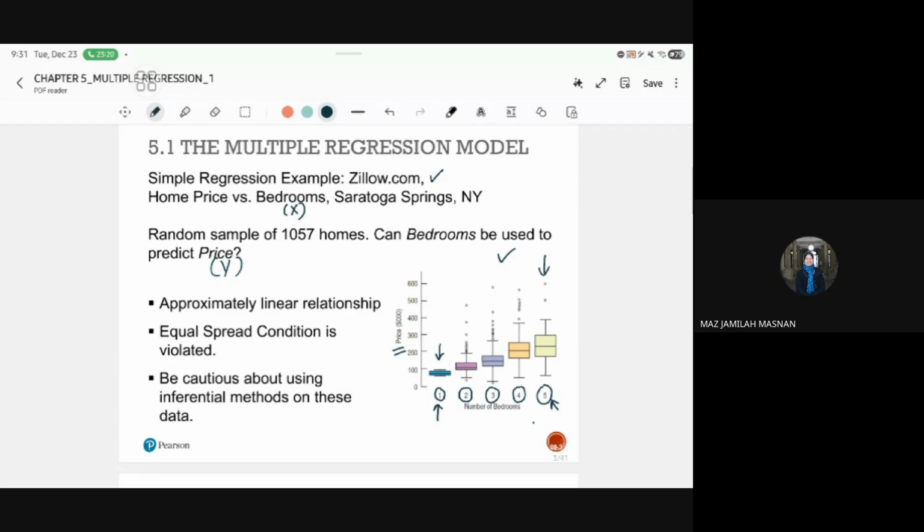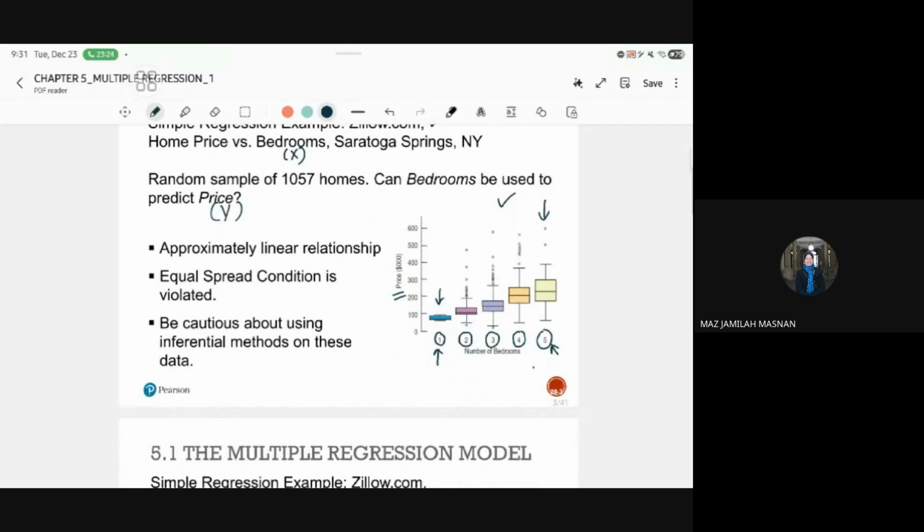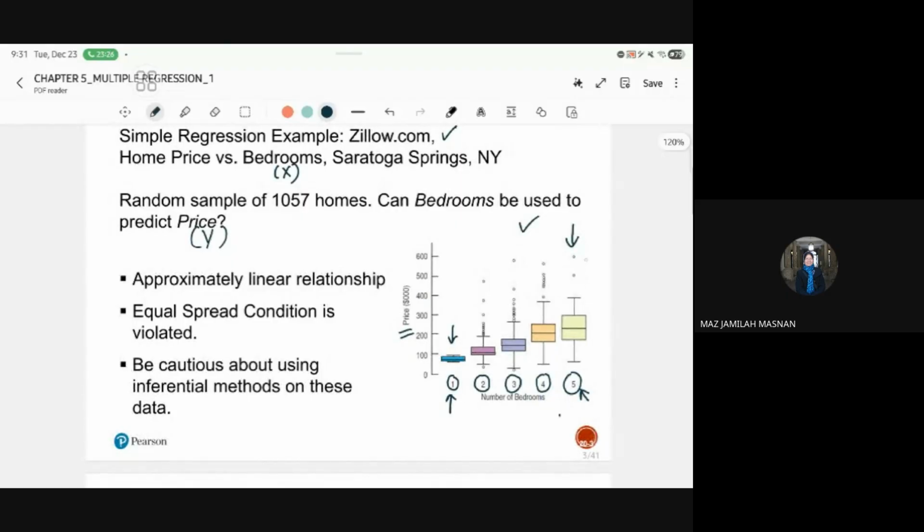So that will be among the reasons why the variation is so big.